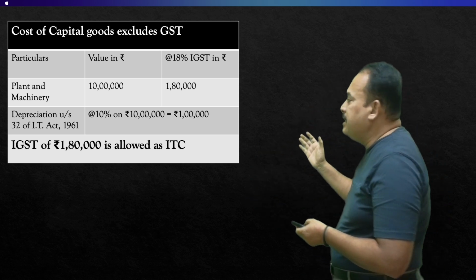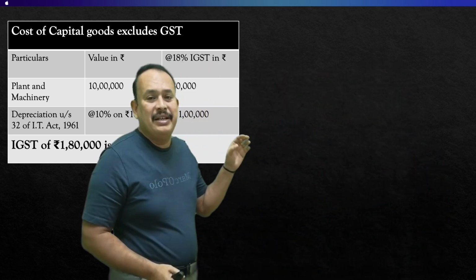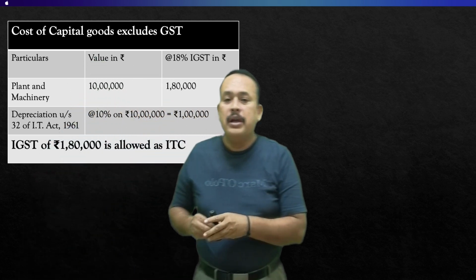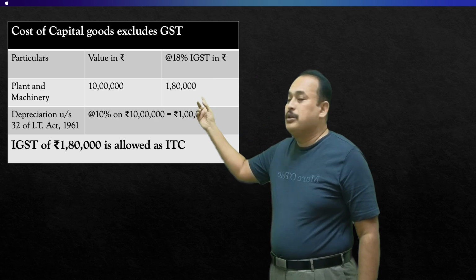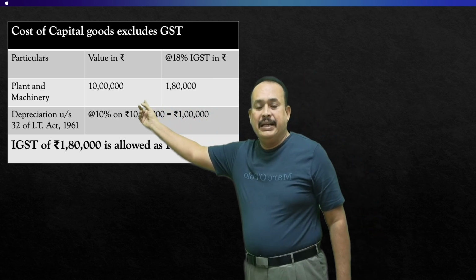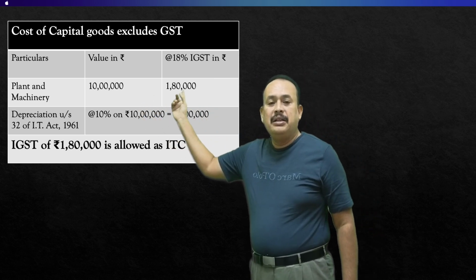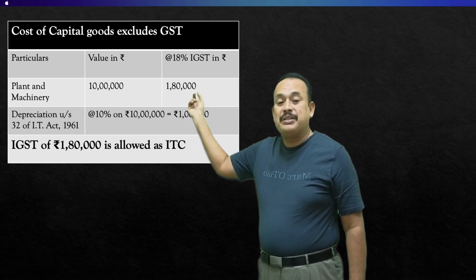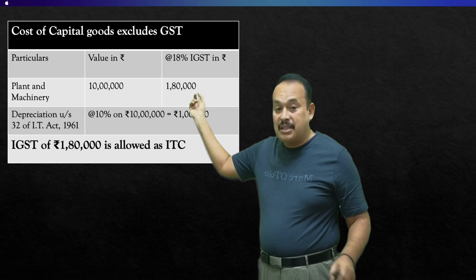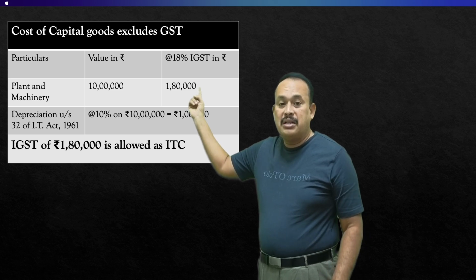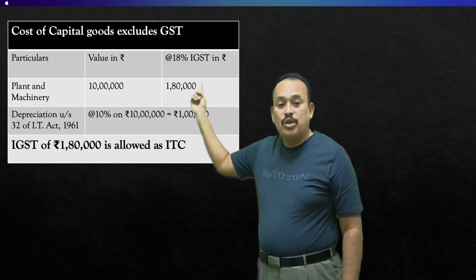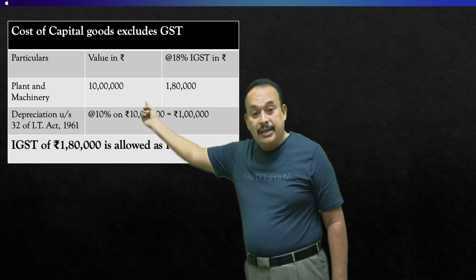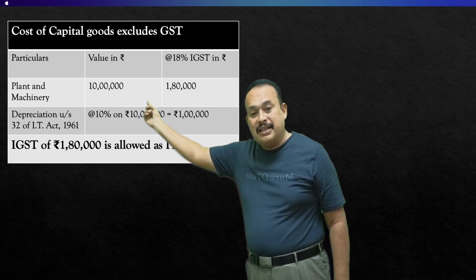Example: the cost of purchase of capital goods, I mentioned here, is 10 lakhs. GST paid thereon is 1,80,000. Now, the person availing ITC on such capital goods should not add this to the cost of capital goods for claiming depreciation under section 32 of the Income Tax Act.